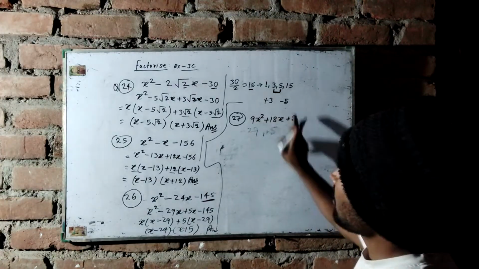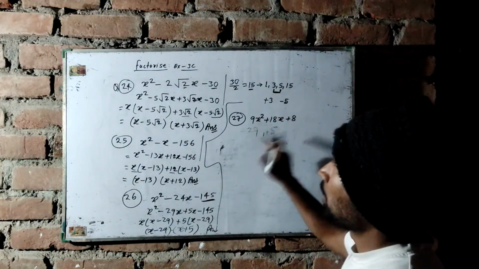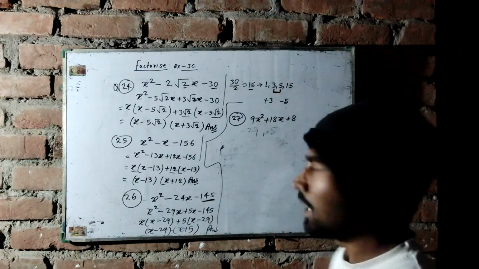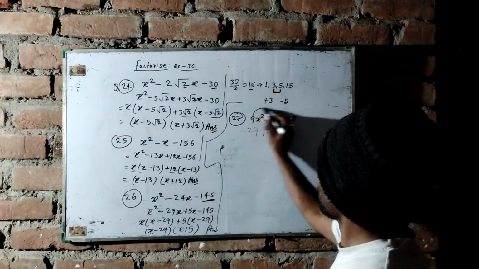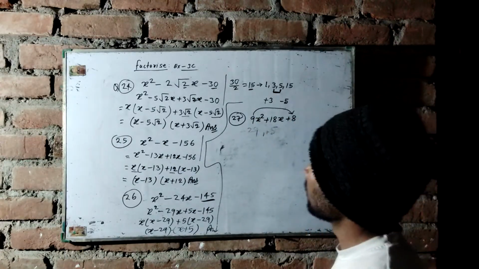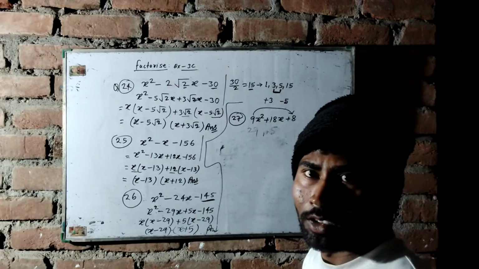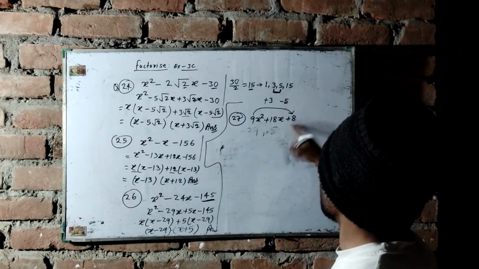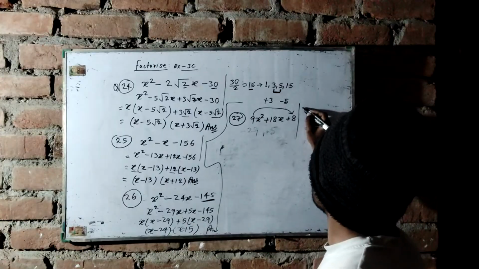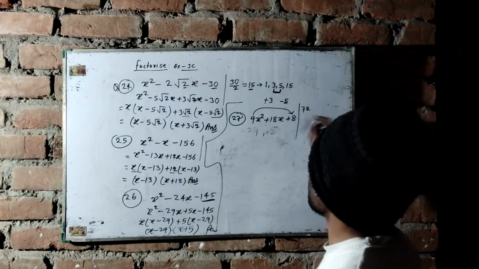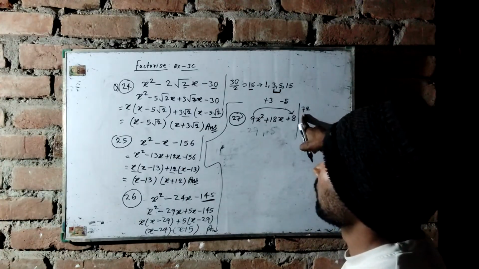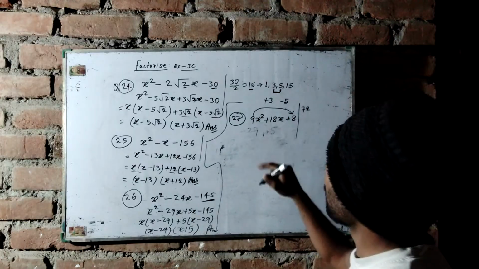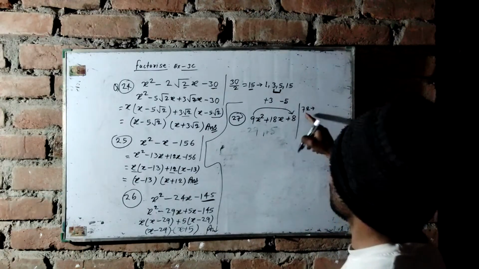For solving this type of polynomial, first of all, you have to multiply this number with this number. Okay, so after multiplying this number with this number, you will get 72 as a product. Okay, now we have to find all factors of this number.